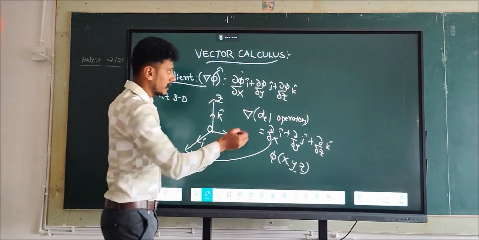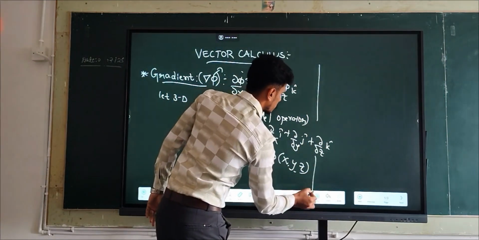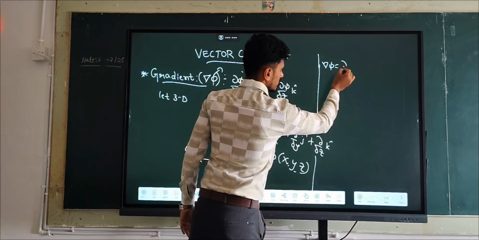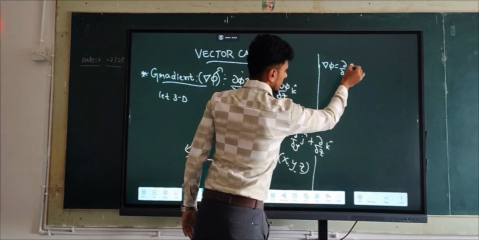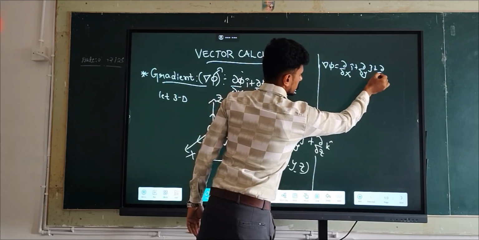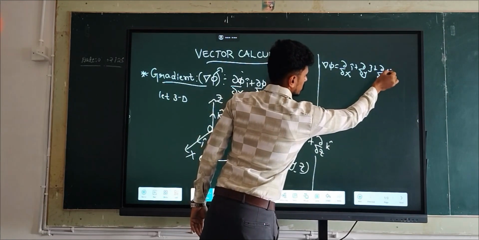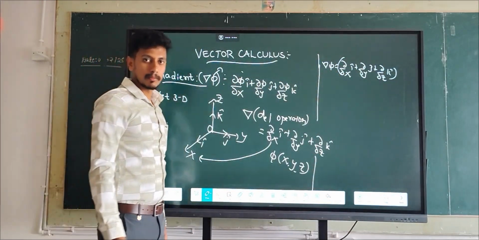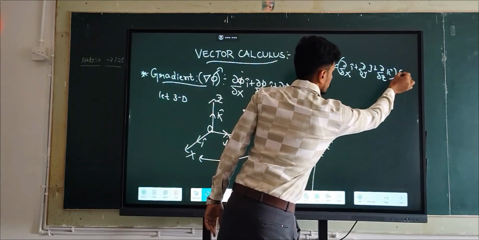See here, del phi is equal to dou by dou x i cap plus dou by dou y j cap plus dou by dou z into k cap. This vector differential operator should be multiplied with this scalar point function phi.